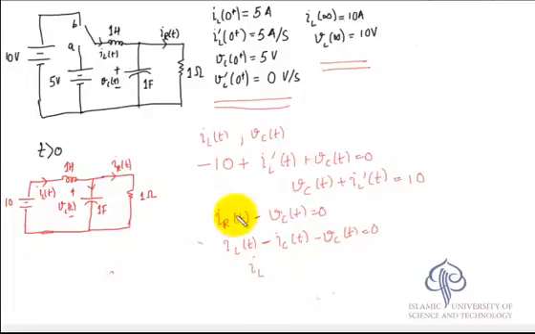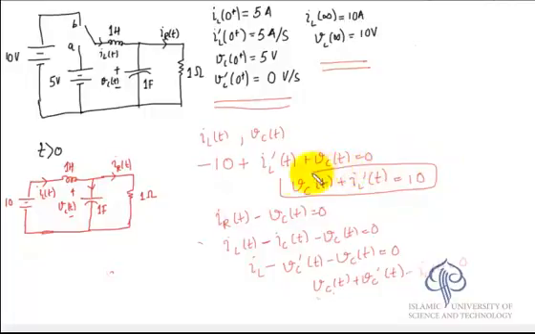So we can write for the second part i_L(t) minus, instead of i_C(t), we'll write v_C'(t), minus v_C(t) equal to 0. So this gives us the second mesh equation, which is v_C(t) plus v_C'(t) minus i_L(t) equal to 0. So these are the two equations.